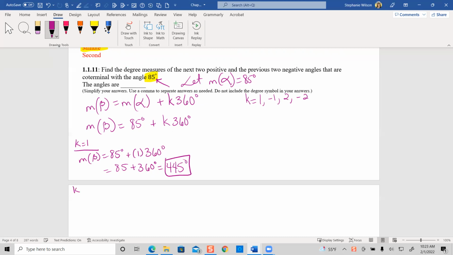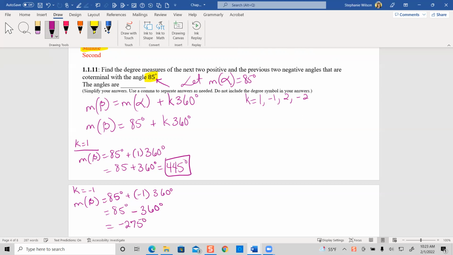Now let's do when K is equal to -1. So in the place of K, I'm going to plug in -1. Well, negative times positive is negative. So now I got 85 minus that 360 degrees, which gives me a negative 275 degrees.